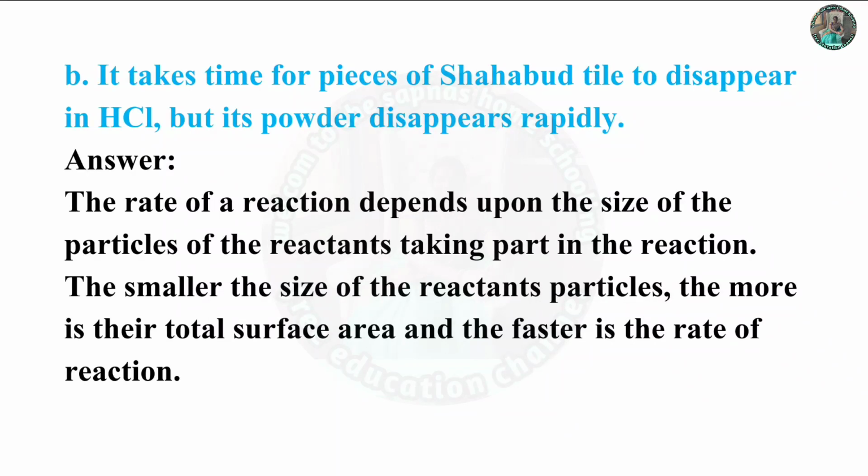B. It takes time for pieces of Shahabad tile to disappear in HCl, but its powder disappears rapidly. Answer. The rate of a reaction depends upon the size of the particles of the reactants taking part in the reaction. The smaller the size of the reactant particles, the more is their total surface area and the faster is the rate of the reaction.